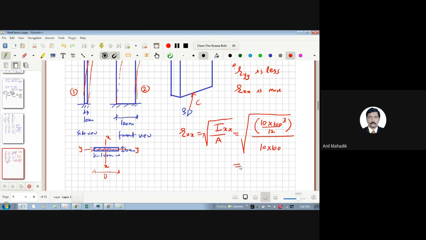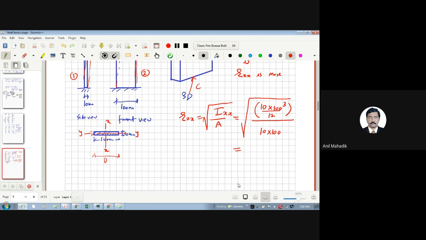So what will be this value? It comes to 29 mm roughly.